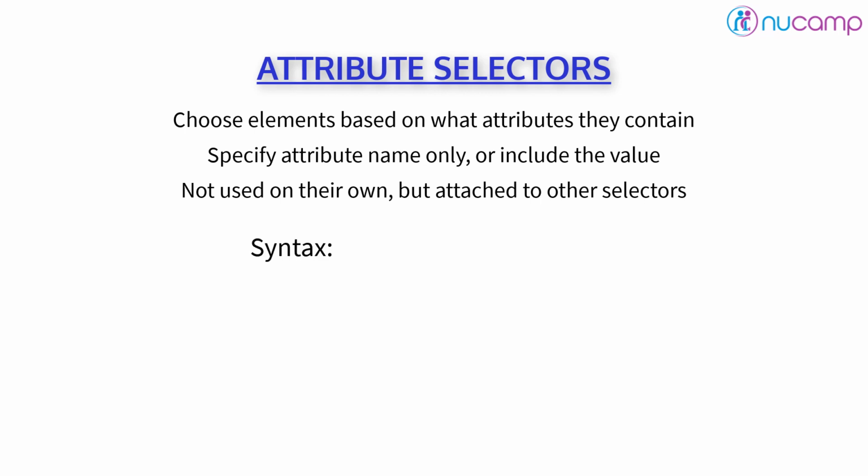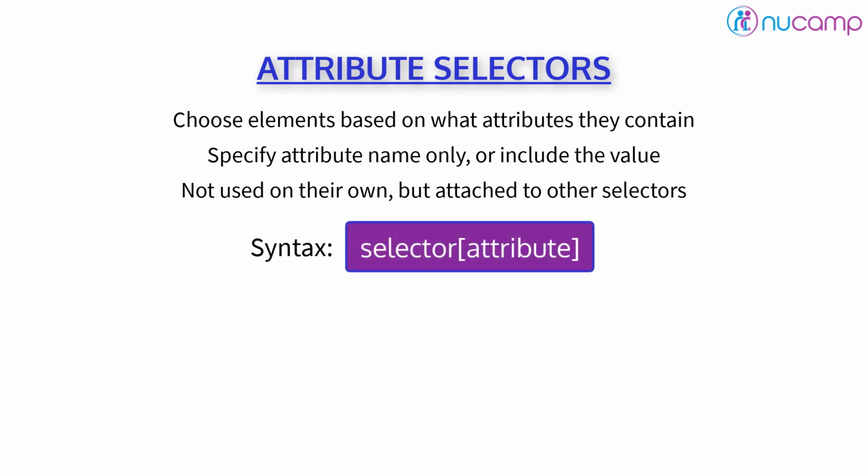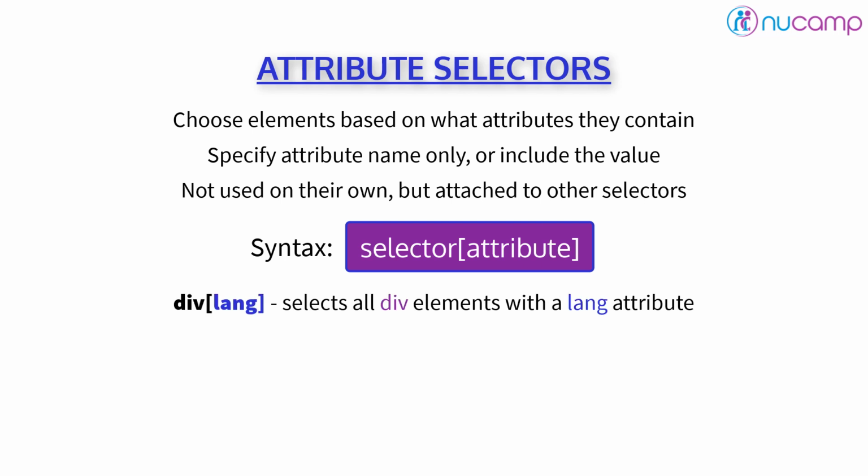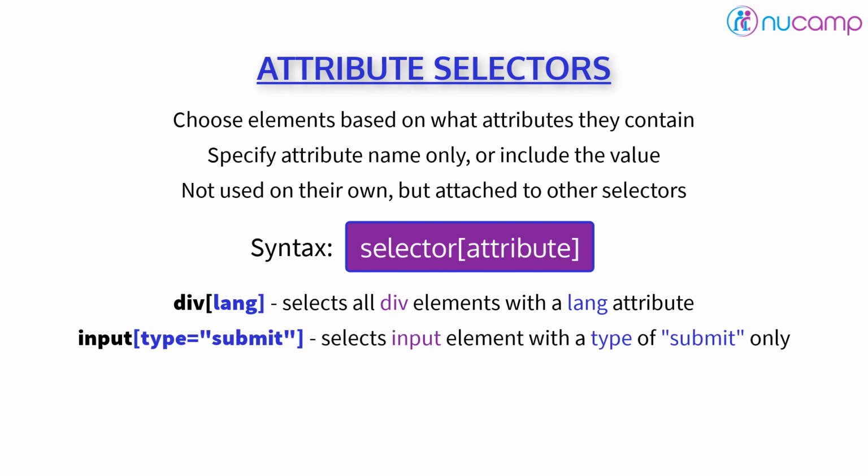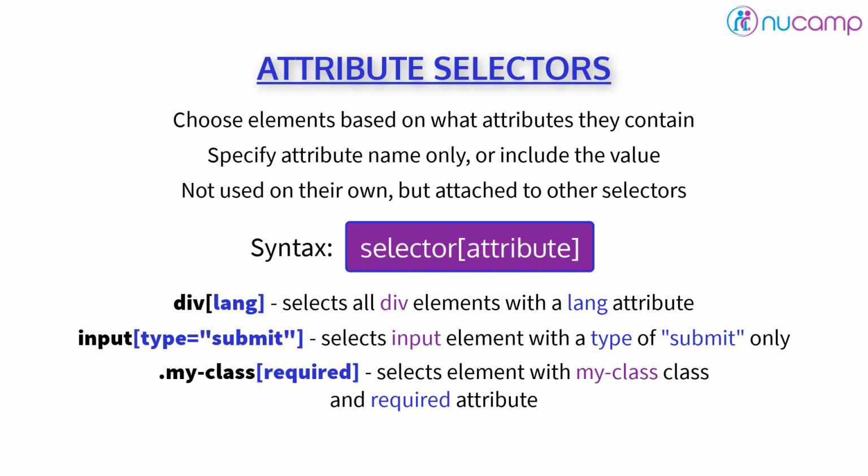The syntax is selector, then the attribute, with or without the value, inside square brackets. Here's a few examples. This would select for all div elements with a length attribute. This would select for any inputs with the type of submit. And this would select any element with a class of my-class and an attribute of required.